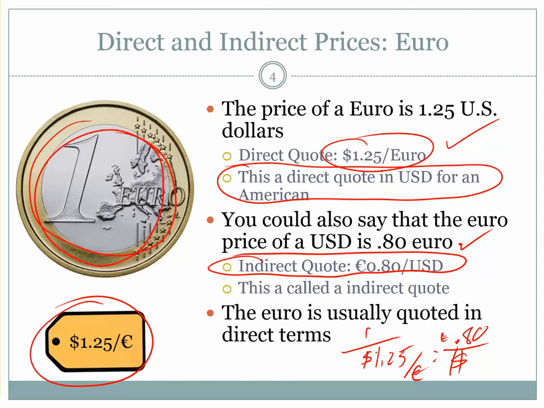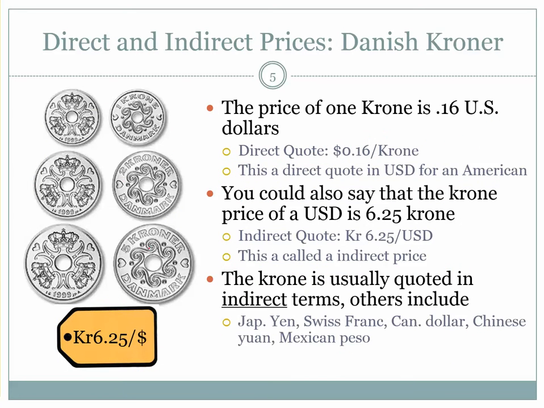Several currencies are quoted in direct terms, namely the big ones are the euro and the British pound. Here's another commodity, a Danish crown, or Danish kroner, or krone. So a Danish crown is currently selling for about 16 cents per crown. This is a direct quote for an American for a crown.